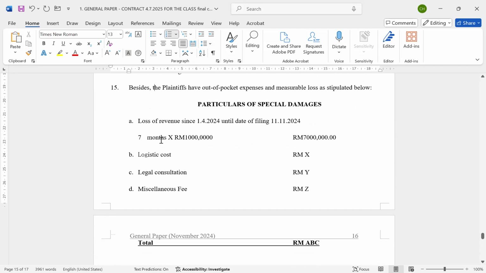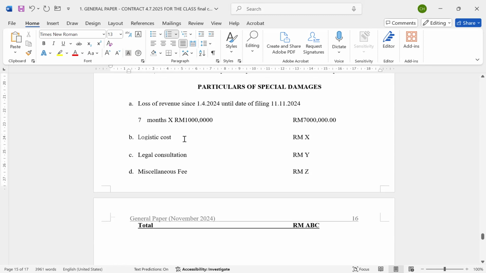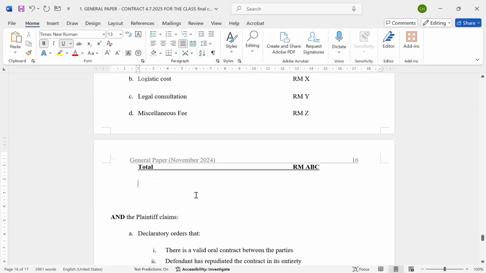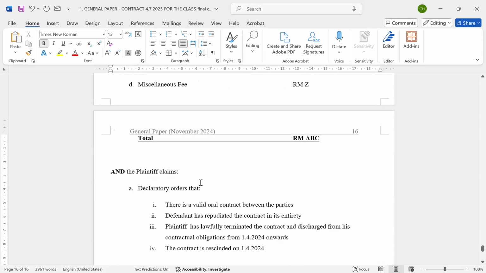Okay. So loss of revenue that we have discussed, the logistic, legal consultation, and other miscellaneous fee that should have incurred, and subsequently you total up as ABC. Don't spend too much time, just write XYZ. Okay, and the plaintiff claims.